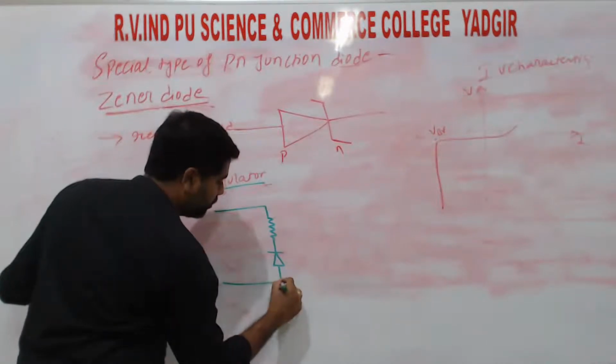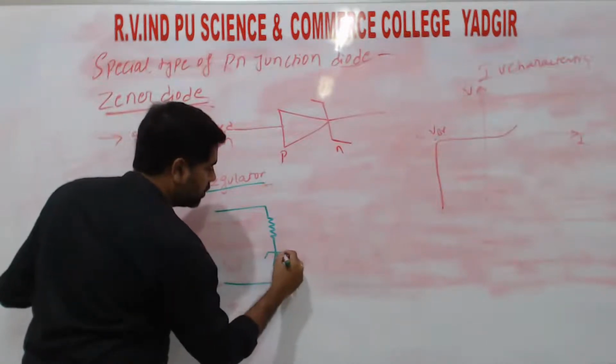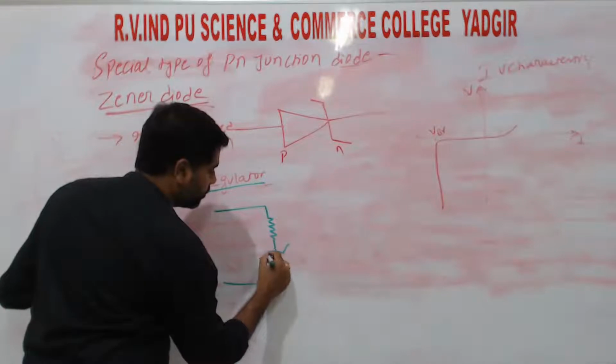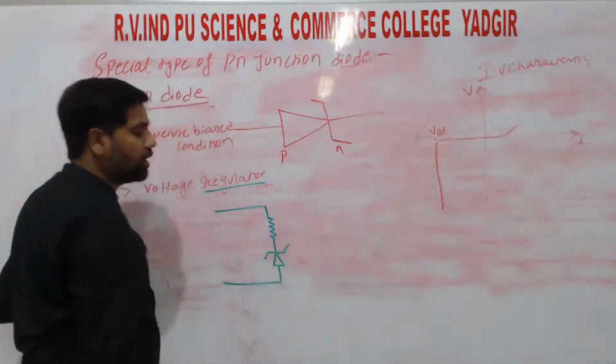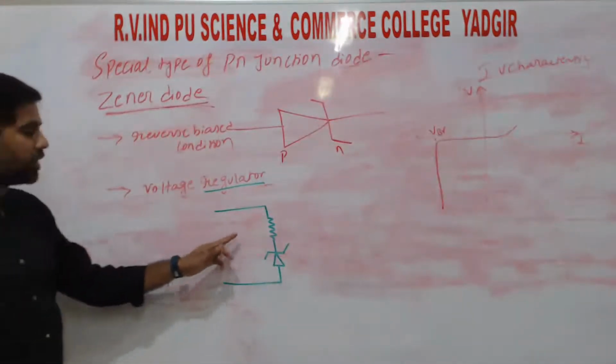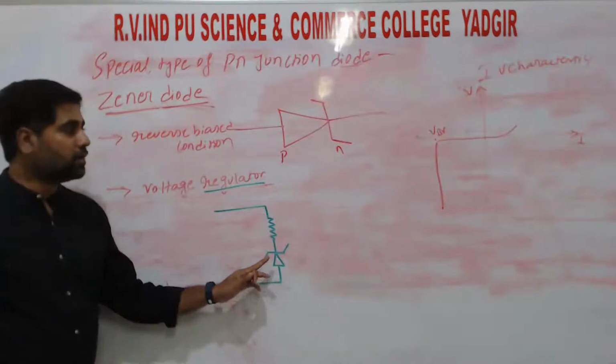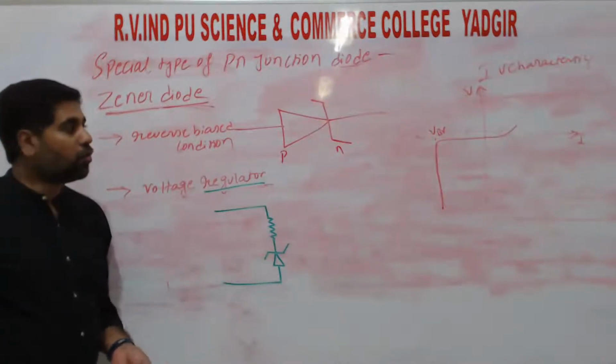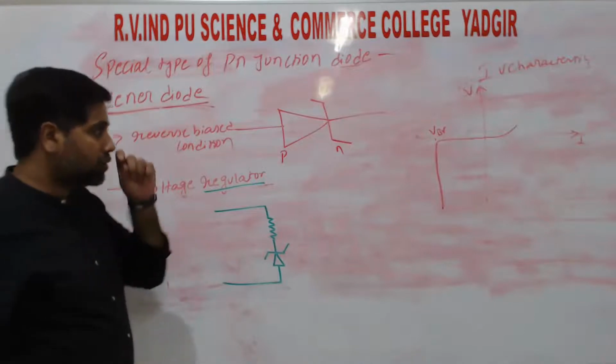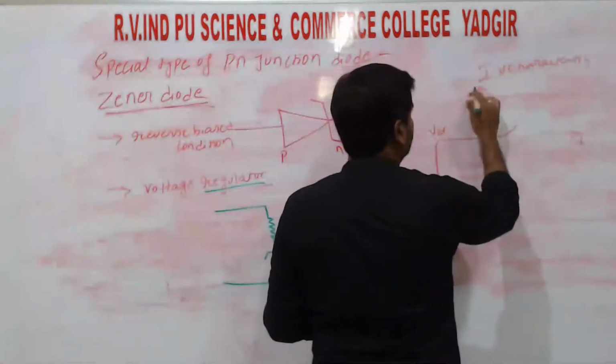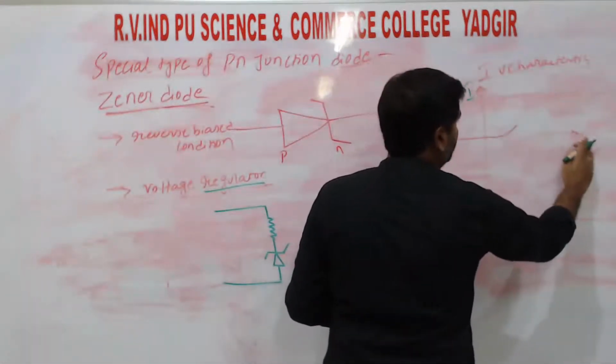It should be reverse biased, because it works only under the reverse bias. If we connect this in the forward bias mode, then there will be no reading across the voltage and current. This one is current I, and here this one is V.